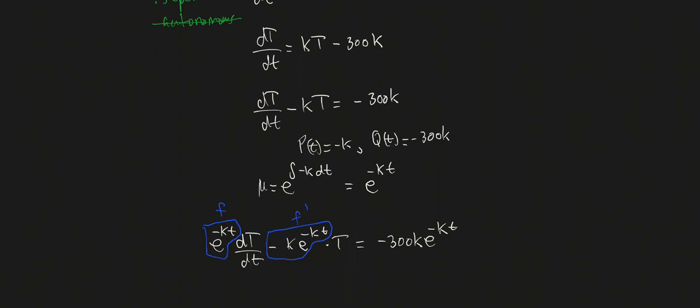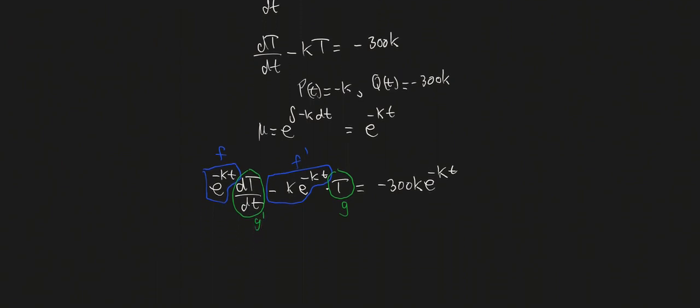If this is my g, then there is its g prime, its derivative. So yes, it still works even though I have essentially an unknown constant. The pattern is still there. So that left-hand side becomes the derivative with respect to t of our integrating factor times our unknown temperature function. And then we'll bring down this function on the right-hand side.